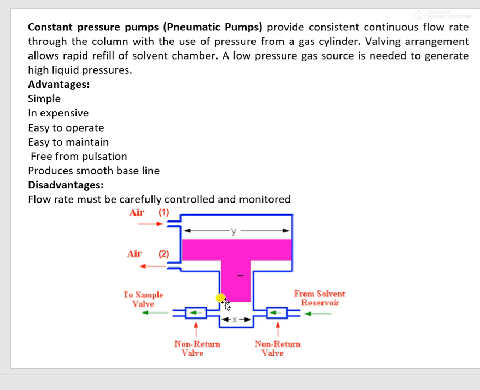And with the help of the pressure of air, whatever is sucked in the chamber will be delivered out. So here gas is used to take solvent from the reservoir, and then the gas will be pressurized to move the solvent out of the chamber, and it will be going into the column.